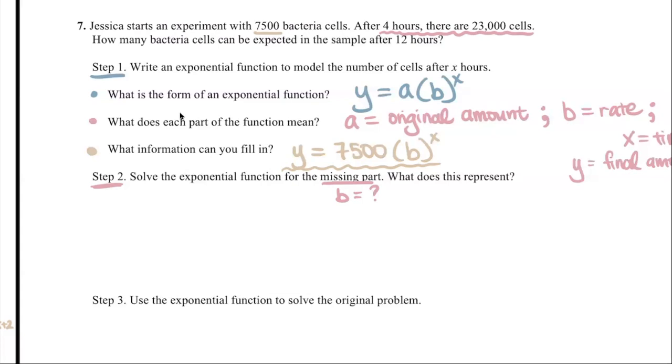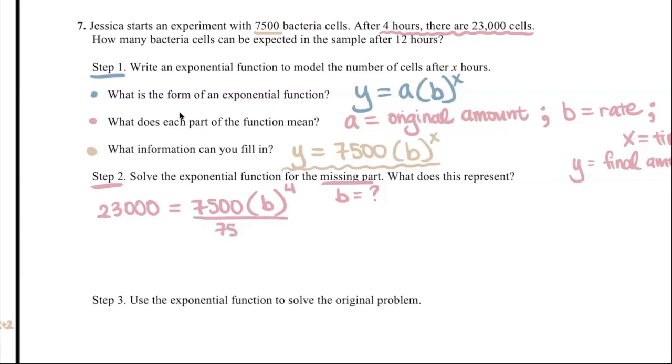So I'm going to plug in 23,000. I'm going to plug in the initial 7,500. We don't know the rate, but we know this was after 4 hours. So that's going to be enough for me to solve for B. All right, so let's do that.